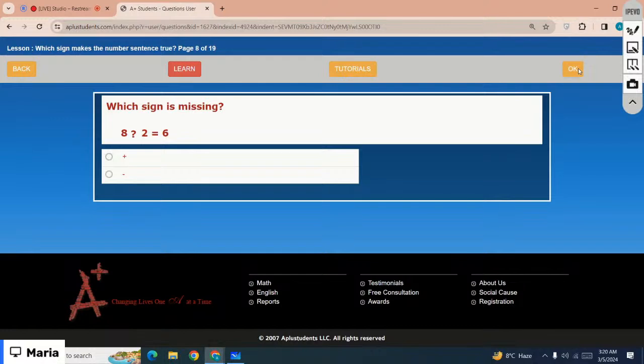The correct option is subtract. 8 take away 2 equals 6, right? Okay, you can complete the lesson by yourself later today. Let me just move on to the next lesson.